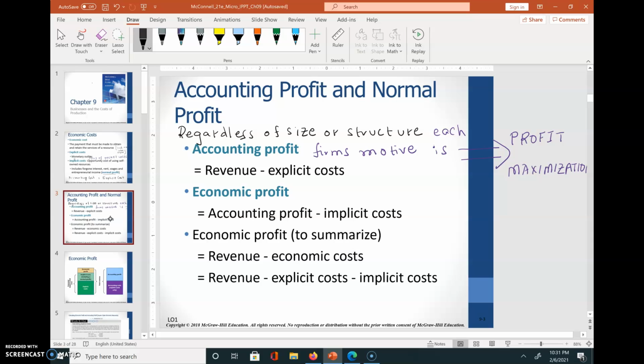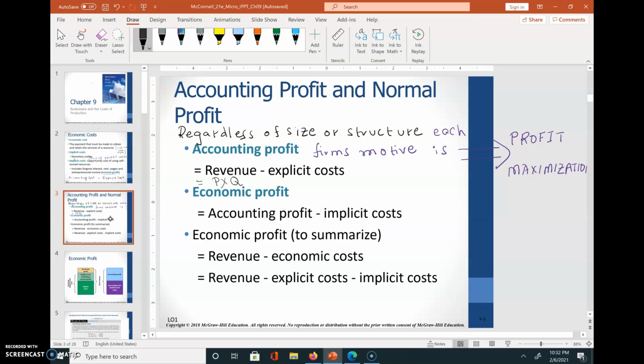Now, regardless of size or structure, each firm's motive is profit maximization. By accounting profit, we mean the total revenue, which is defined as price times quantity. From that, we subtract the explicit cost of production.